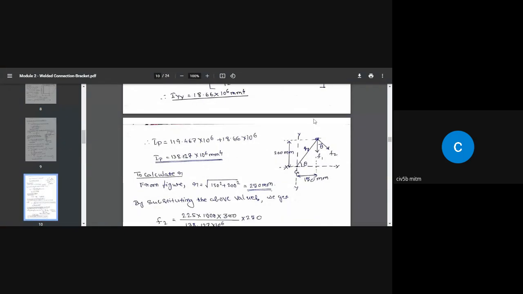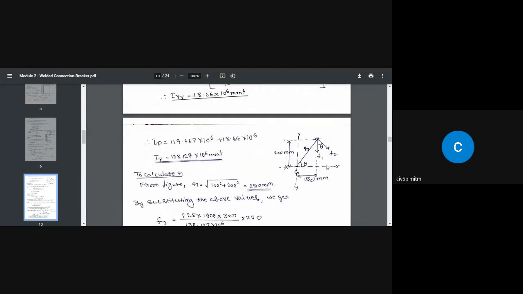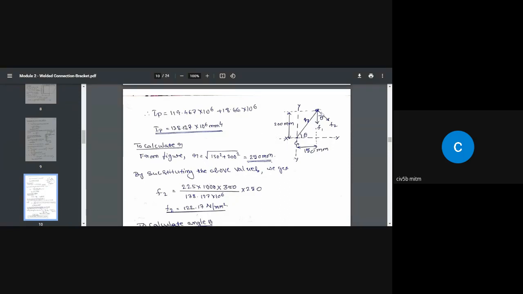Next, regarding finding out the value of R, that is the distance from the centroid to the tip of the weld, where that weld is going to be subjected to highest stress, I've done the calculation here. So this is 150 and this is 200. So this is a right angle triangle. So I got this R value as 250 millimeter.